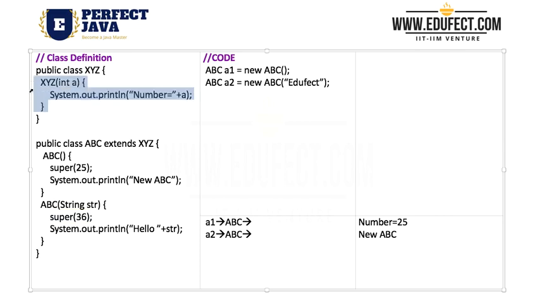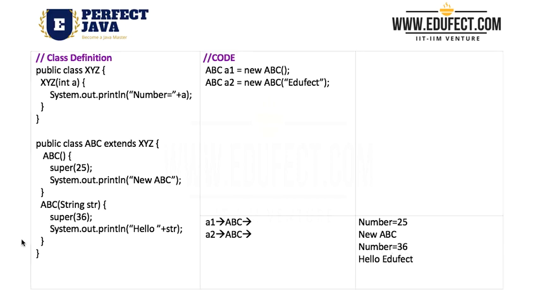So this will get called with the parameter 36, and what will be printed is number is equal to 36. And after that it will come here and it will say hello Edufect. Okay, is this clear? So in both these constructors we called super with that parameter.